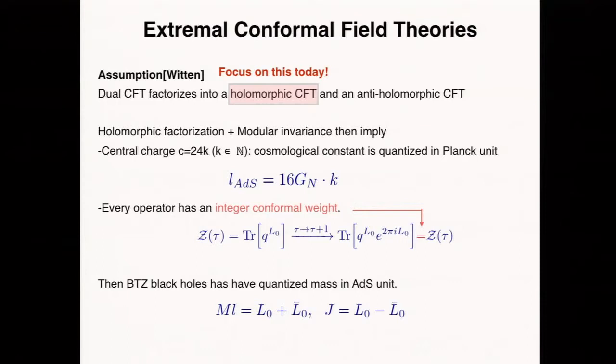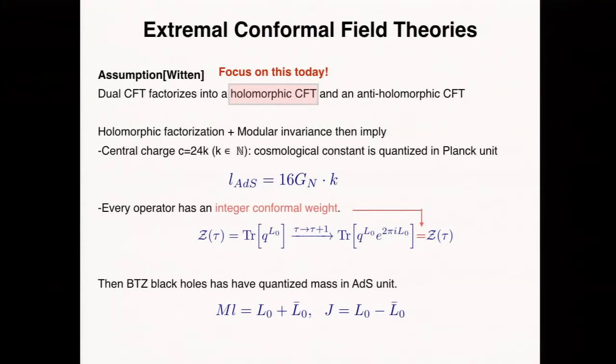Holomorphic factorization plus modular invariance implies that the central charge has to be 24 times k. Both the left-moving and right-moving central charges are identical because there is no gravitational Chern-Simons term. This also means that the cosmological constant, or AdS length parameter, is quantized in units of the Newton constant. Modular invariance also implies that the holomorphic part of the partition function should be periodic, which implies that all the operators have integer conformal weight.